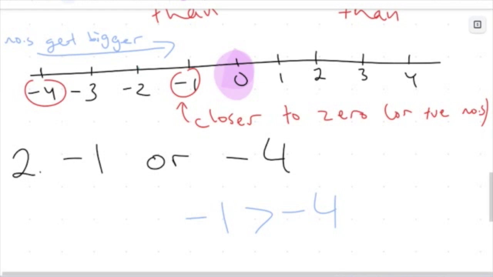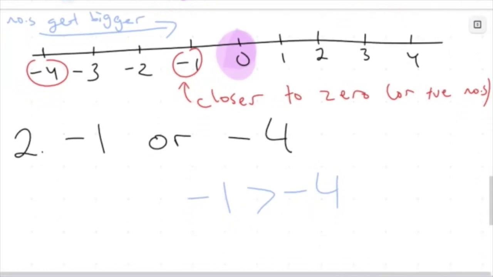As I go towards my left, the numbers get smaller. And I can fill in this number line this way and locate, depending on their position, which is the bigger number. So hopefully this helps with some of these confusing examples, because like this one, where 4 is a bigger number than 1, but it's bigger in the negative direction. So a bigger number in the negative direction is going to have a smaller value than this number here.